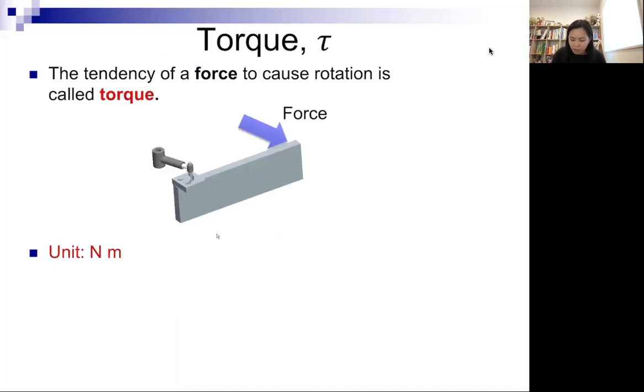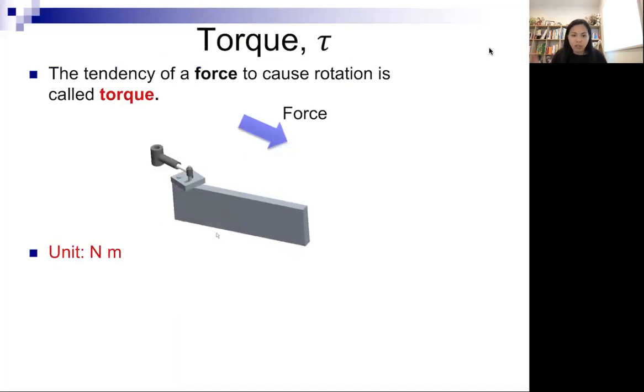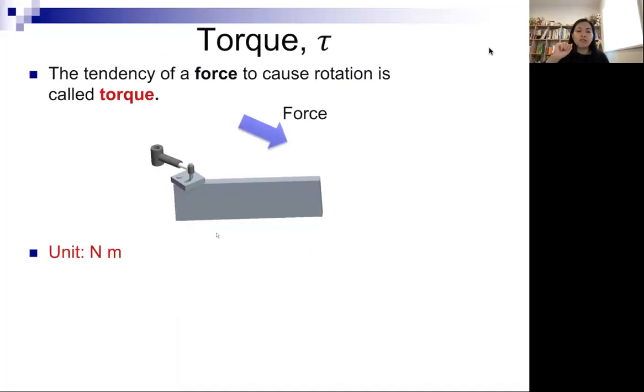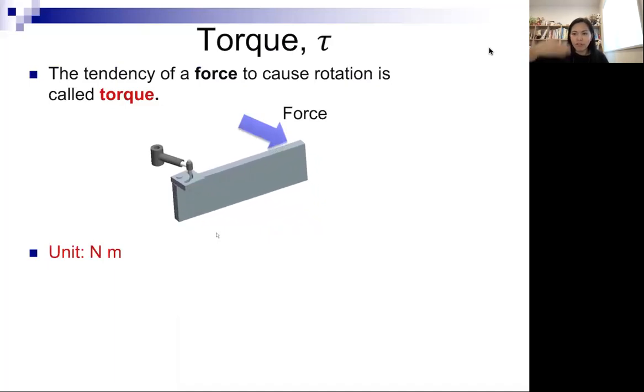So for example, this is a door hinged on one end. If you push on the door on one side, then that force, the push that you've exerted, will cause that door to rotate. And that tendency of that force to cause this door to rotate is what we call torque.